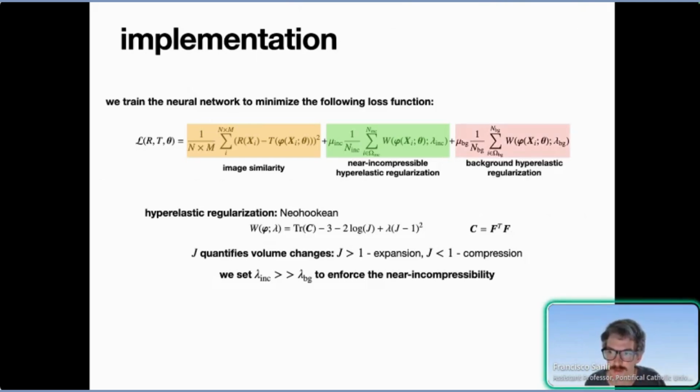And then we also have some background regularization. This is how our regularizer looks, but the key term is J, which measures the volume changes. If it's bigger than 1, it is an expansion, and if it's lower than 1, it is a compression, and here we try to keep it around 1.